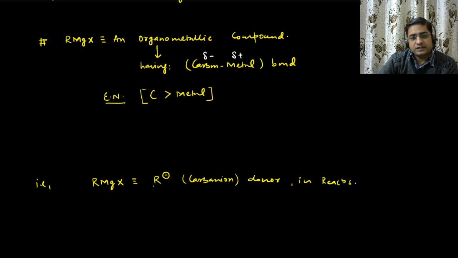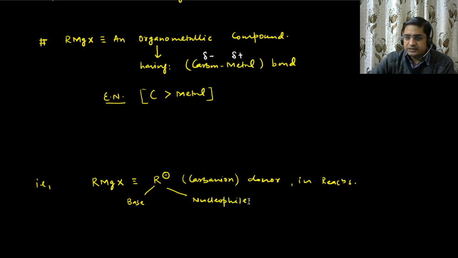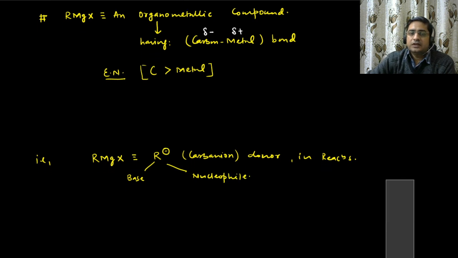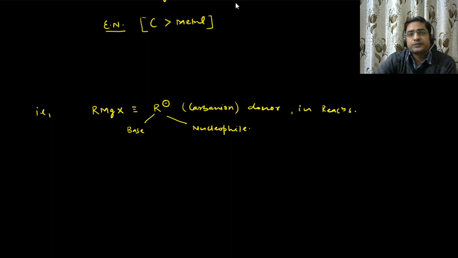Now this R minus can act as a base or a nucleophile. The base has a tendency to capture acidic hydrogen from the substrate.